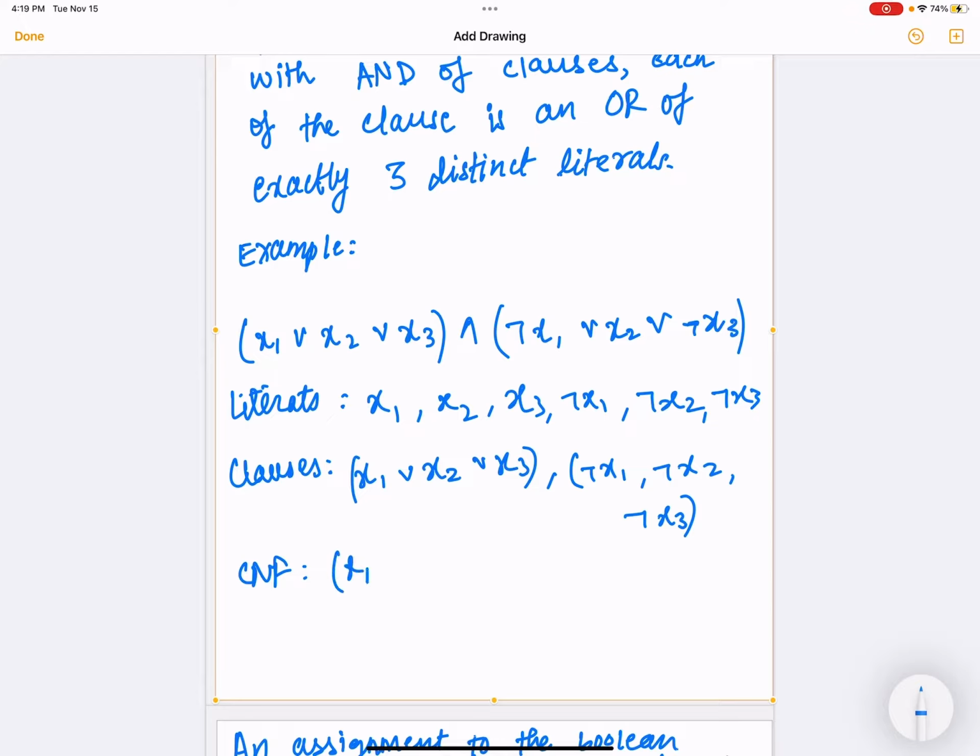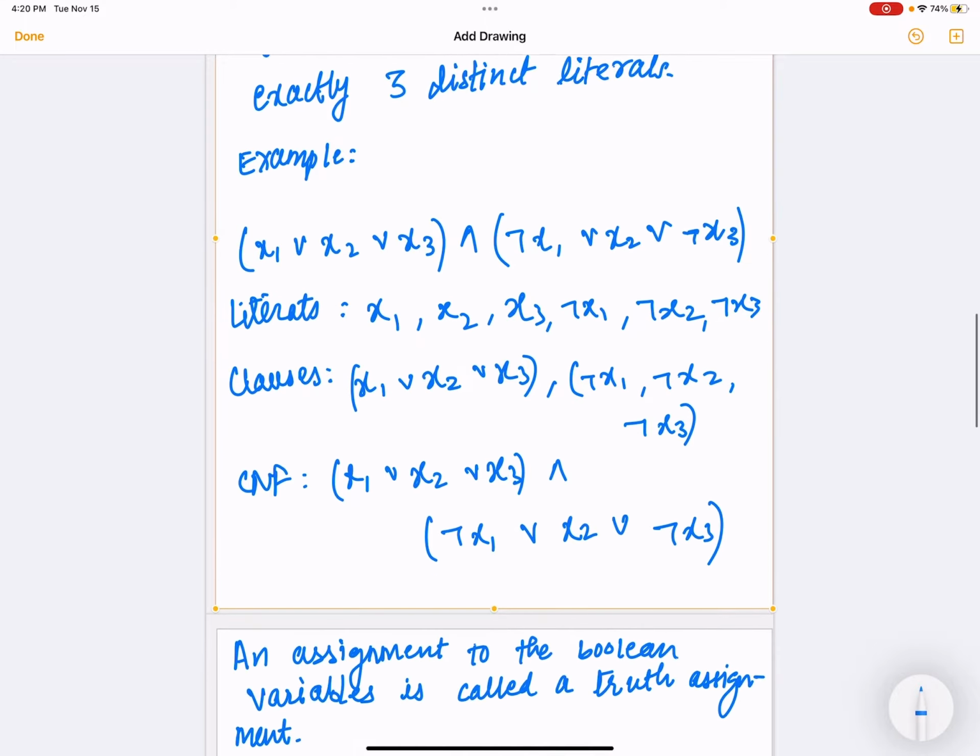So the whole formula is x1, x2, x3, and then there is a conjunction with another clause. So this is a 3CNF where there are three literals in each clause.